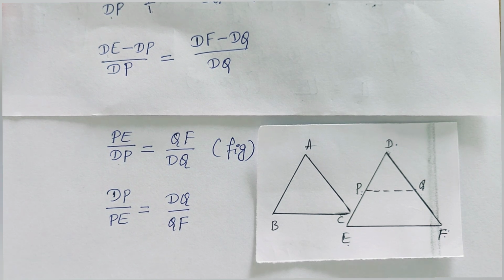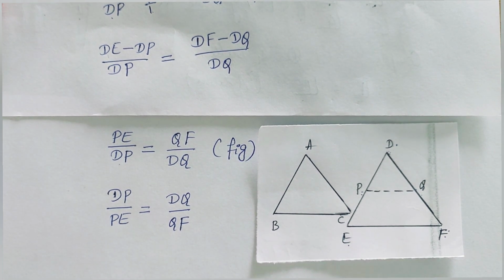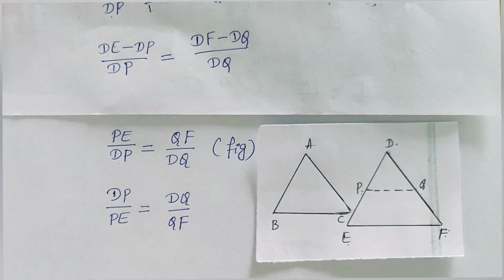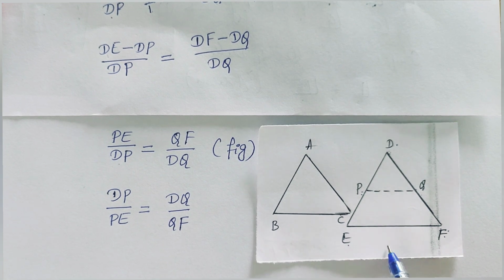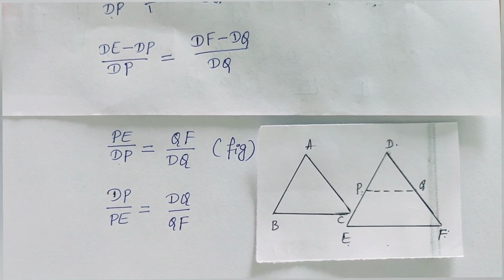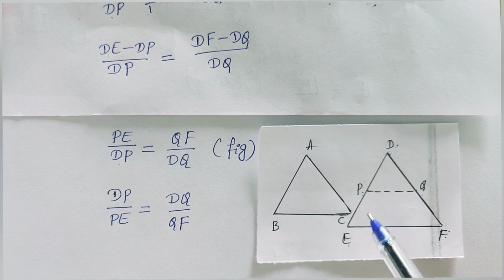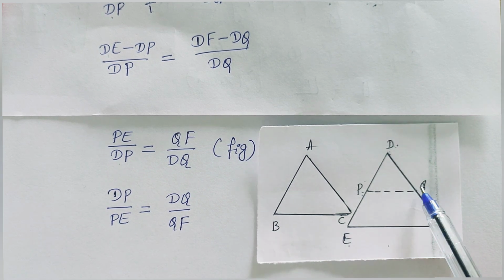You can remember the converse of the basic proportionality theorem, that is the first theorem. If a line divides two sides of a triangle in the same ratio, then that line is parallel to the third side of the triangle, the statement of the converse of BPT. By using the converse of BPT, remember that DP divided by PE is equal to DQ by QF.